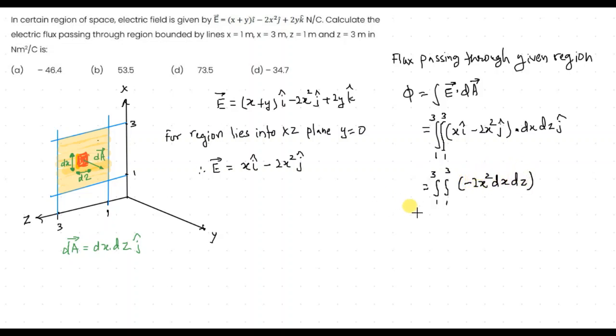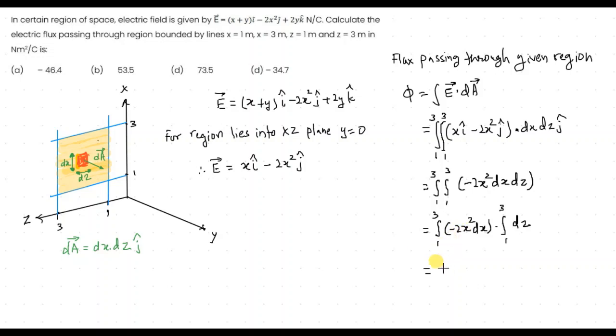In this case, I'll separate the integration. The x limit 1 to 3 gives minus 2x² dx, and the z limit 1 to 3 gives dz. Let us integrate this.